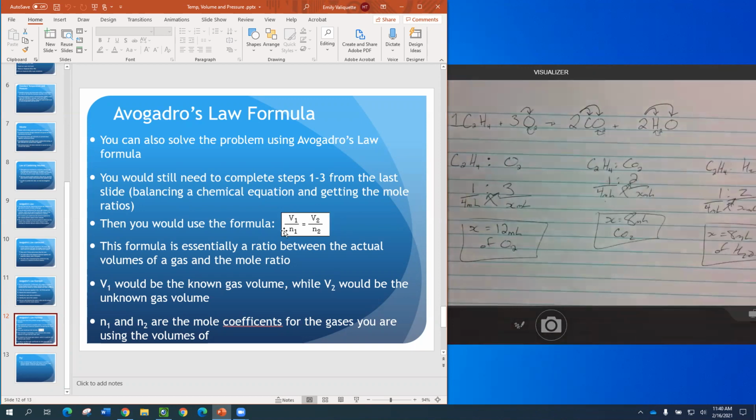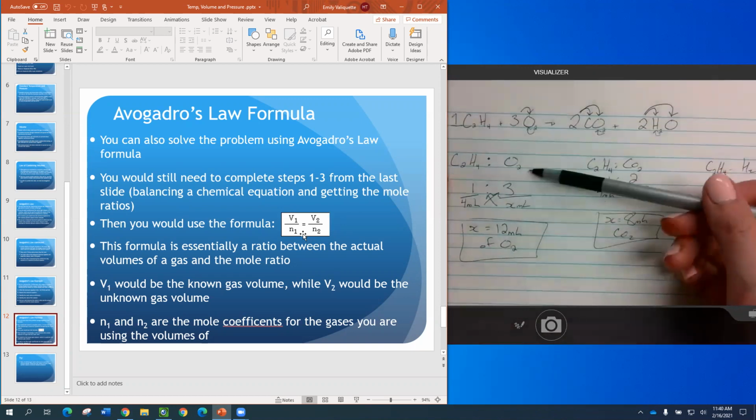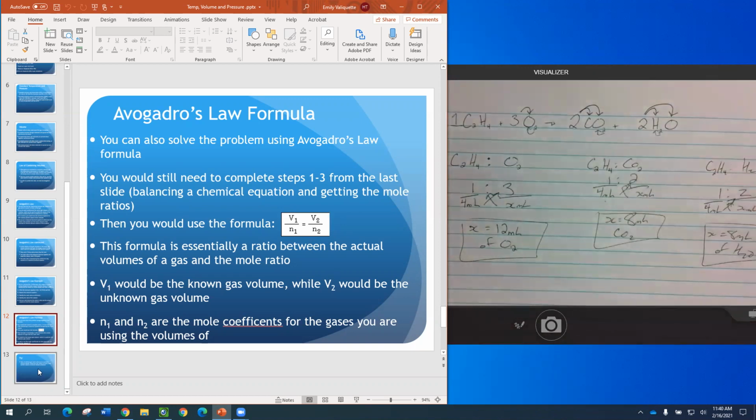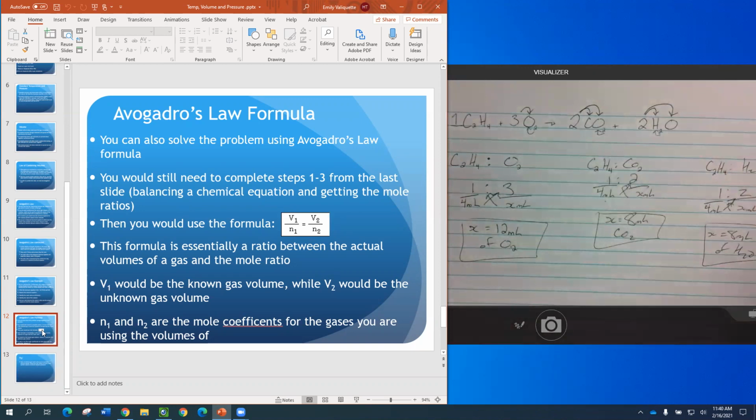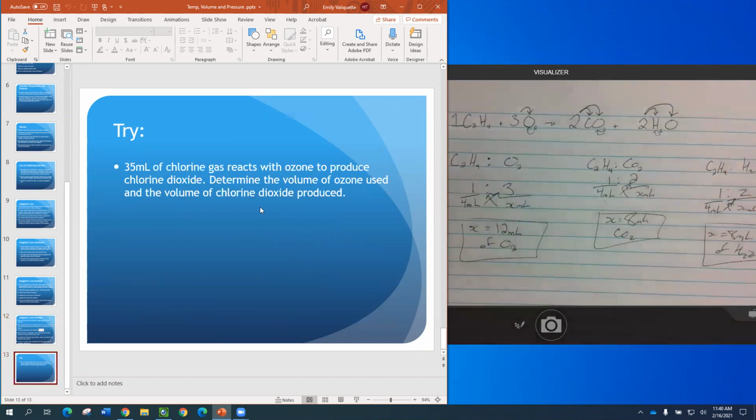So in this formula, the N1 and the N2 is just essentially our mole ratio, our coefficient. So it's essentially just what we were doing, but flipped upside down, which doesn't actually change anything. So using either Avogadro's formula or just this ratio that we set up, try to solve this question. So pause here, solve this question, and then come back for your answer.